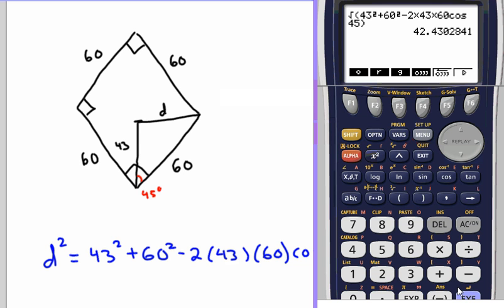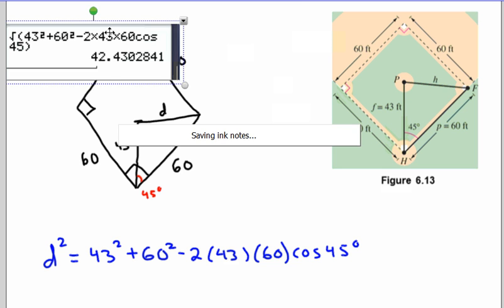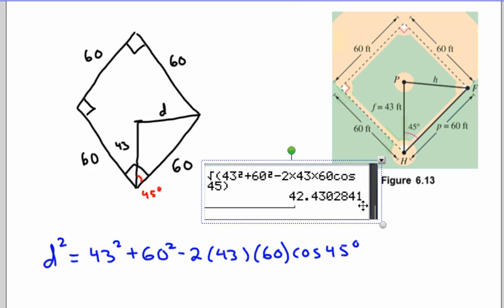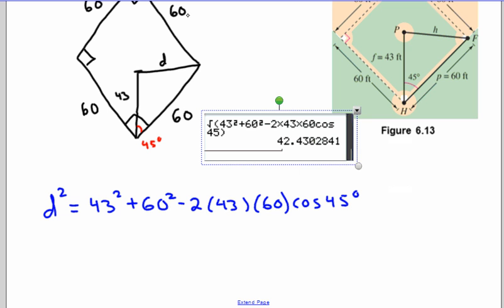So look at that. D, the distance from the pitcher's mound to first base, is about 42.43 feet.